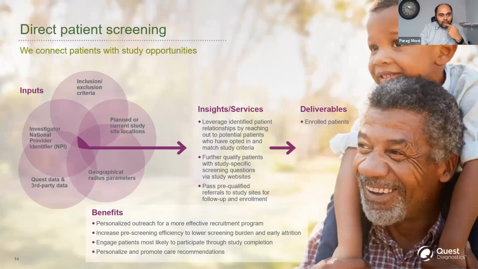The other thing that we often talk about, the second use case, is about the direct to patient screening. So once you are done with the trial design and planning, it comes to how do we engage with the patients. It's the same model where we always recommend starting with the inclusion-exclusion criteria, because you're really focusing on the patient population of interest, as opposed to, I think the phrase that I've heard recently is about spray and pray, right?